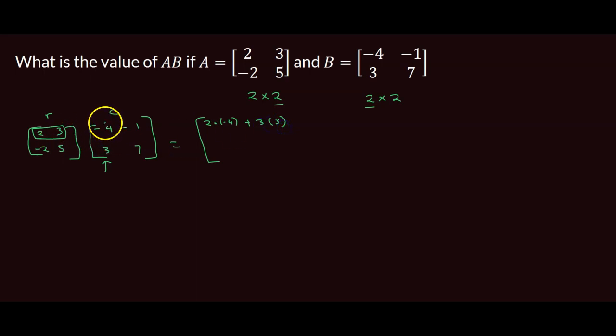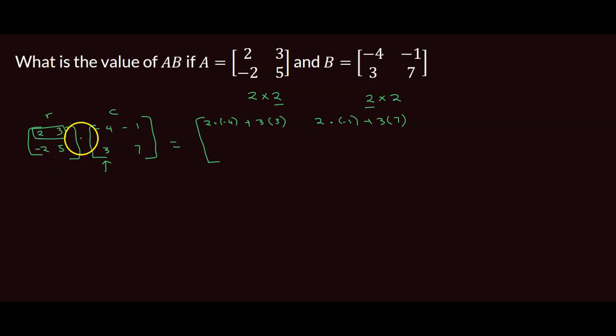And then that's this column. We also need to deal with this column here. So it's going to be 2 multiplied by negative 1 plus 3 multiplied by 7. So now we've done this row here against the columns on this other matrix.